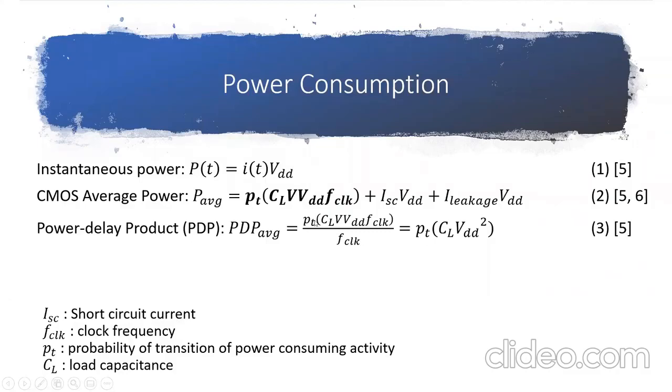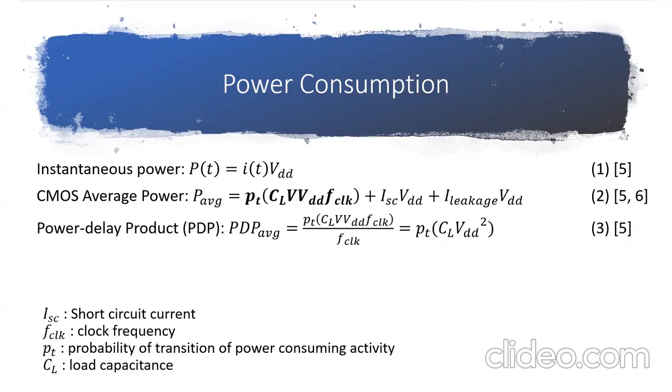I'm going to briefly go over some equations related to the power consumption. The first, instantaneous power, is expressed as the current times voltage. Equation 2 represents the average power in CMOS circuits, which is the probability of transition of power consuming activity times load capacitance times the voltage VDD times clock frequency, plus the short circuit current times VDD, plus the leakage current times VDD.